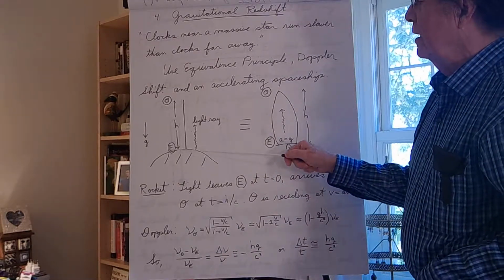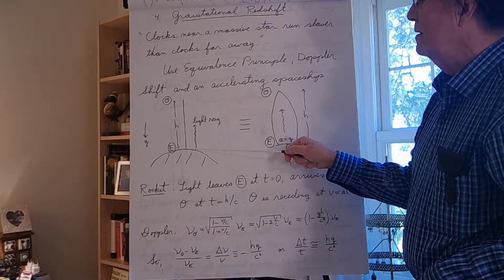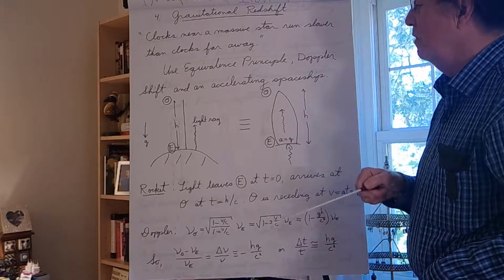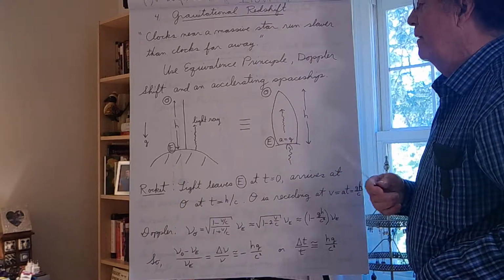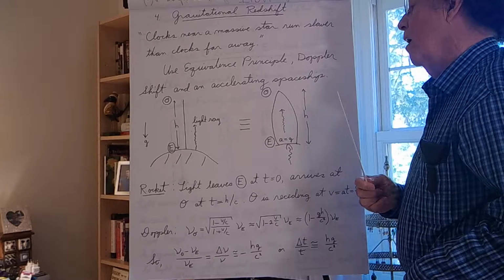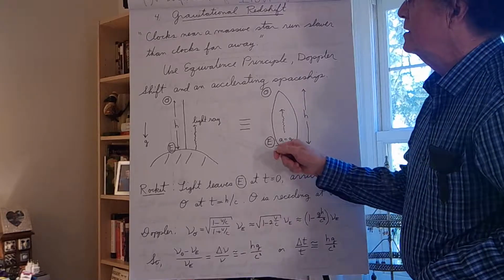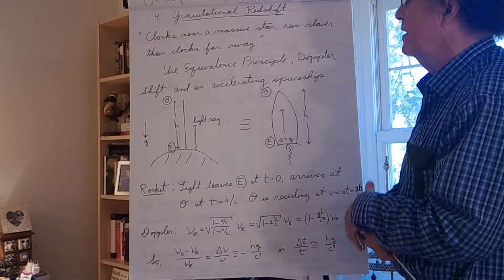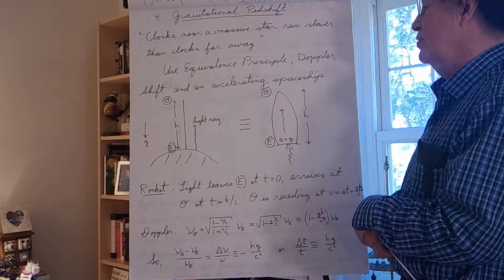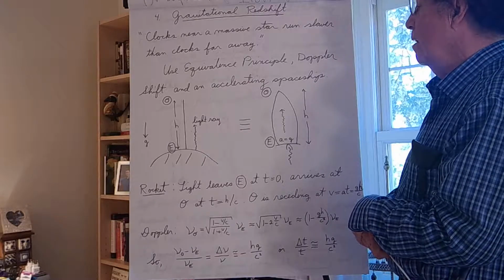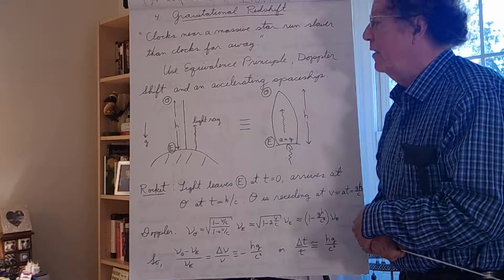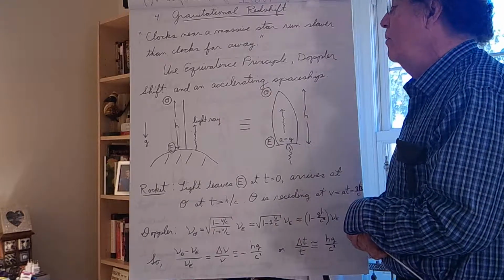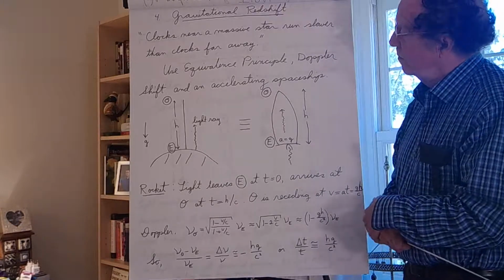So the fellow on the surface of the planet, or at some fixed radius, perhaps above the planet, sends a light signal to another observer that has a fixed position above the planet. He sends a light ray there and tries to communicate with him with a particular frequency nu.